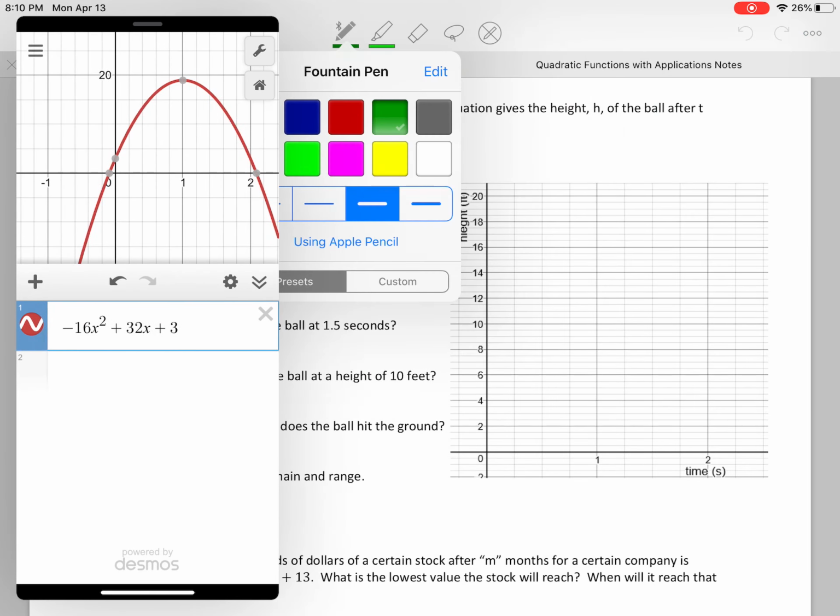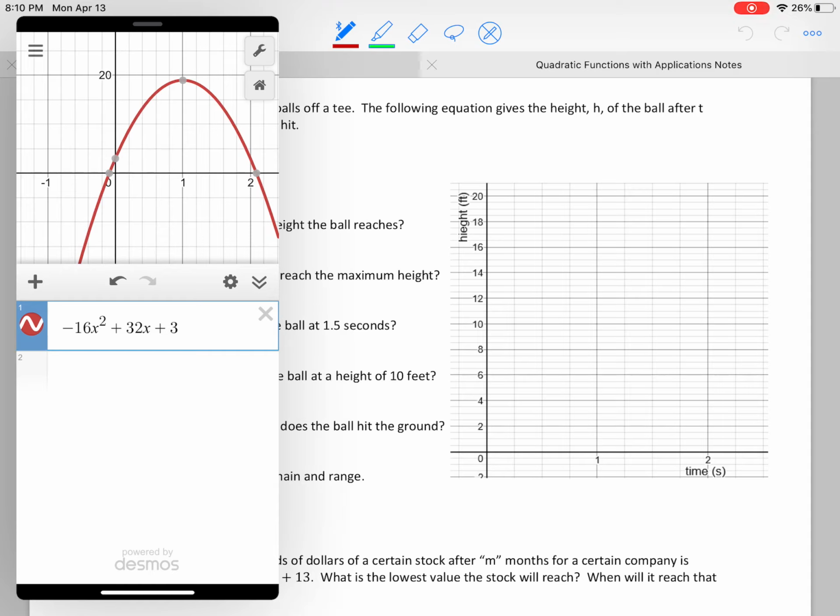Does that make sense? Well, it says he's hitting baseballs off a tee 3 feet high, so that makes sense to me. So right here at (0, 3) is our y-intercept. And then the vertex is at (1, 19). So at (1, 19) we have our vertex.